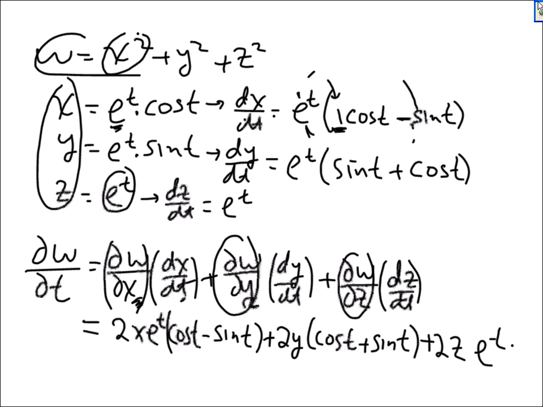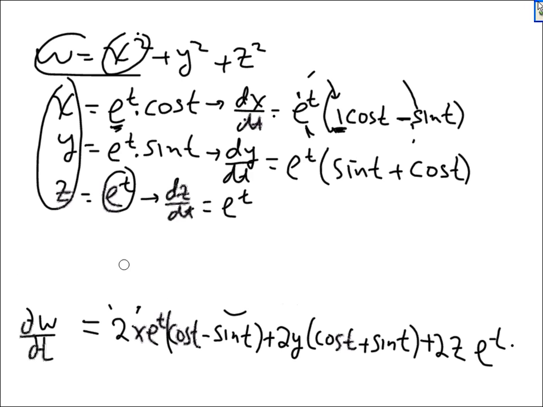Okay. And this here is partial w with respect to t. The only problem is that it has letters other than t. It has x's and y's and z's. It's amazing how many letters it has. Well, we're going to get rid of them.